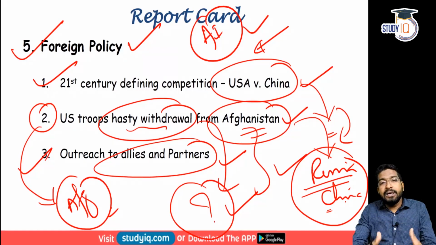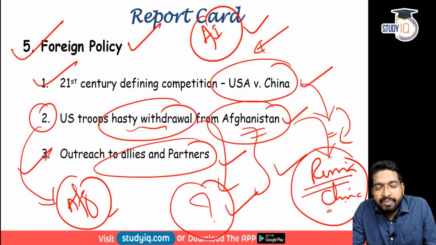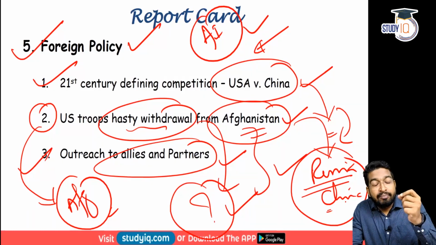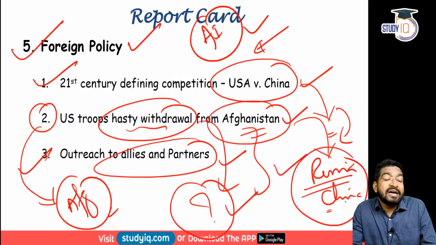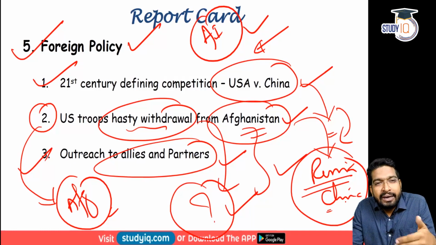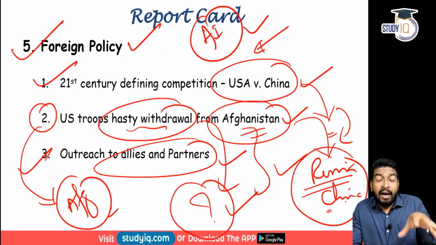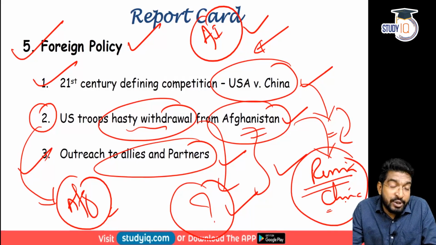So it might be a ploy, perhaps, to bring these countries back to the discussion table or make these countries contribute in Afghanistan. So the future of Afghanistan would be known in the coming months, in the coming years. But nonetheless, the hasty withdrawal has had a lot of adverse consequences, especially with respect to the advance of the Taliban.